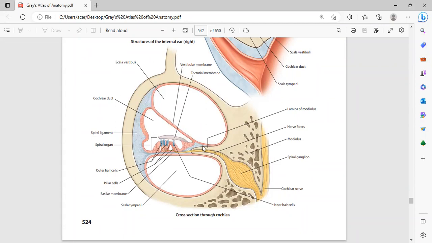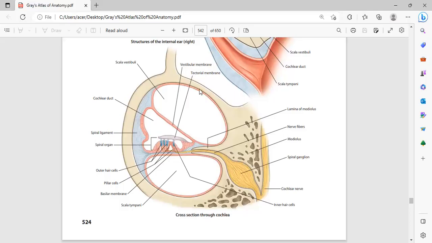The membrane of the cochlea towards the apex, we call the vestibular membrane, and the one towards the base, we call the basilar membrane. This is the basilar membrane, this is the vestibular membrane, and this is the spiral membrane. Between these three membranes you have the membranous part of the cochlea, which we call the scala media. Your organ of Corti and all that is located in this scala media.